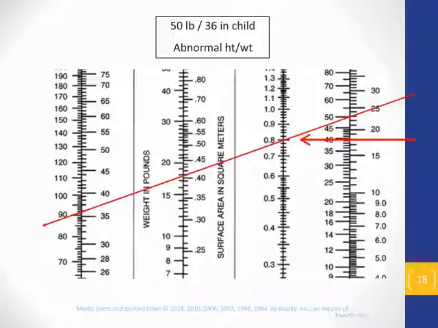They're saying this is an abnormal height to weight. You can see that they've drawn a straight edge between the height and the weight, and where the red line intersects the BSA line, which is not marked clearly here, makes the BSA 0.8 meters squared.